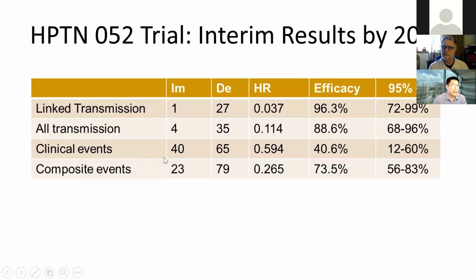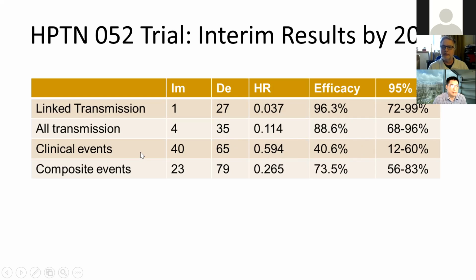When we look at the clinical events, defined with some criteria, we observed 40 events in the immediate arm and 65 in the delayed arm, so the hazard ratio was estimated as 0.594. Efficacy is estimated to be 40%.